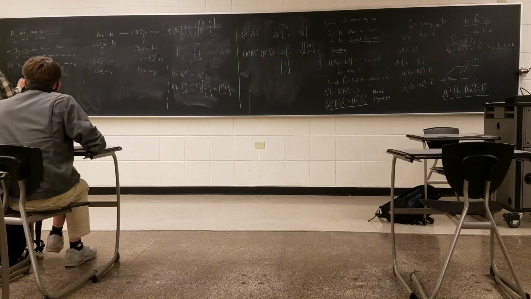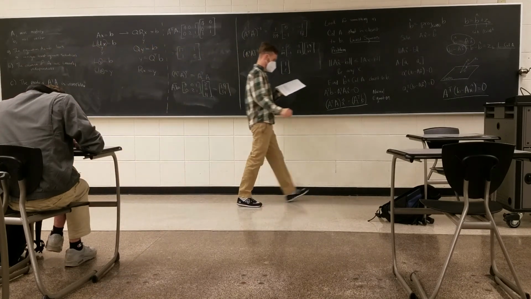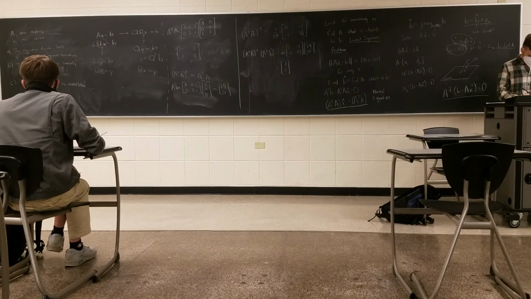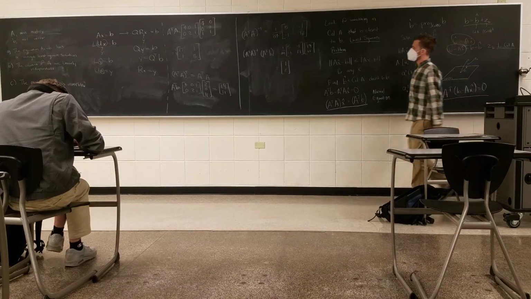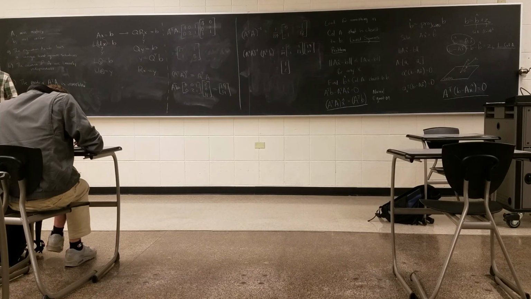Finally, C, the matrix A transpose A is invertible. I believe they go through the proof of all of these statements in the exercises, but we'll talk about the more obvious equivalence right now, which is A being equivalent to C.